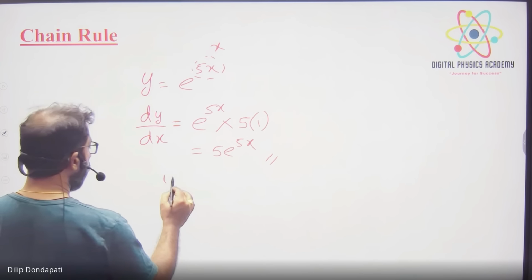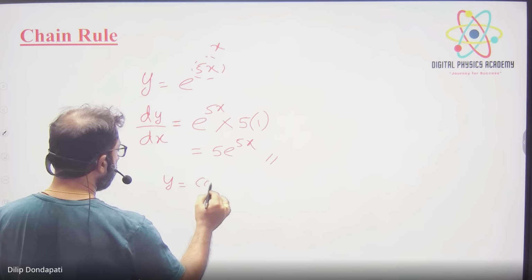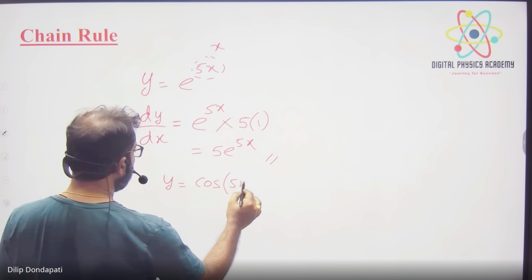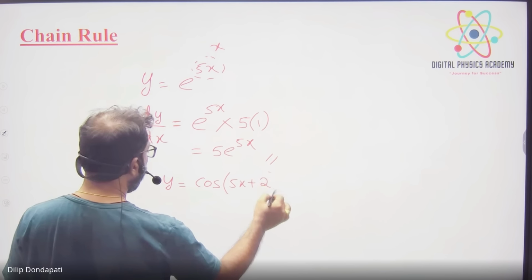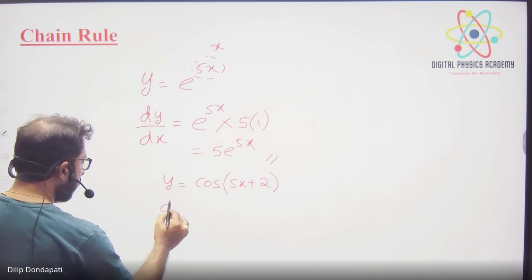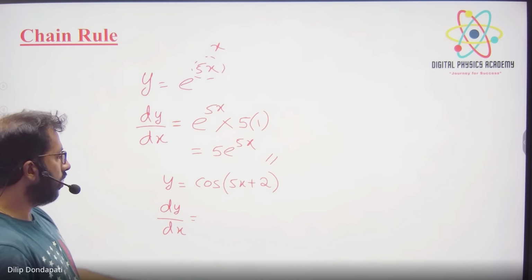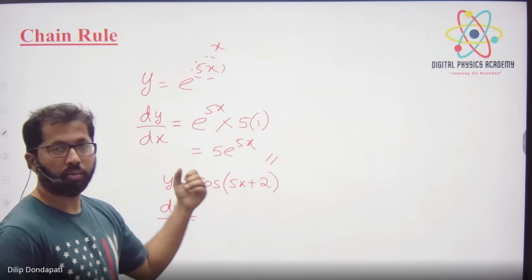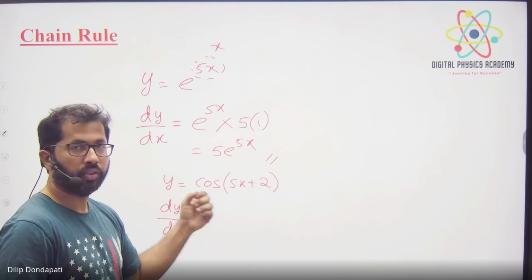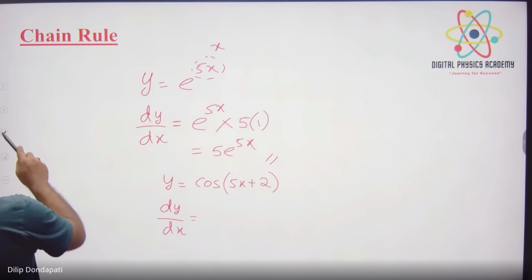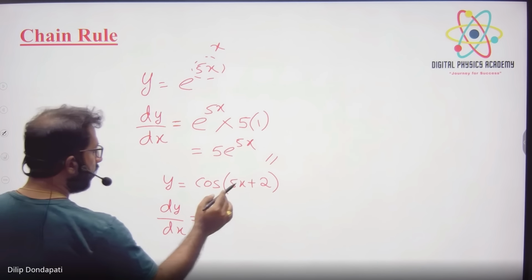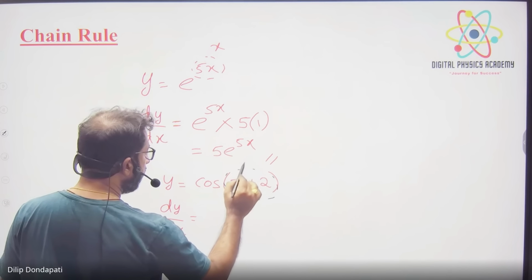Y is equal to cos of 5x plus 2, dy by dx I want. Tell me whether it is in standard format. It is not in standard format. So what do you do? We have to assume 5x plus 2 in mind as x, right?